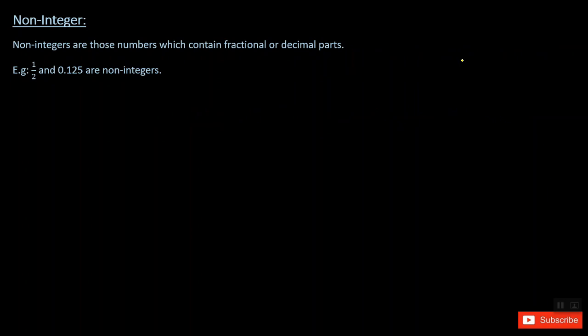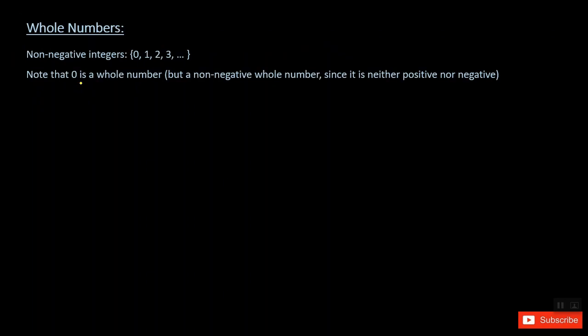Non-integers, as the name suggests, are those which contain a decimal or which can be represented as a fraction, like half or 0.125. These are all examples of non-integers. Whole numbers. Whole numbers are non-negative integers.